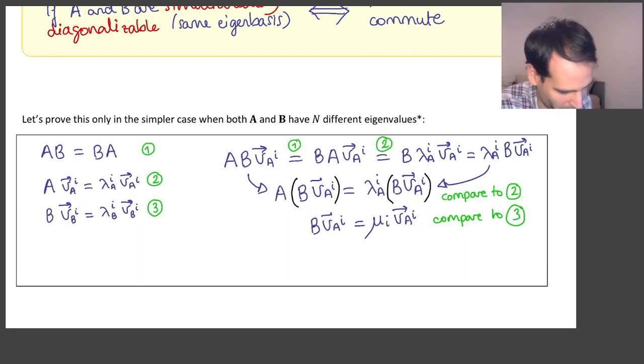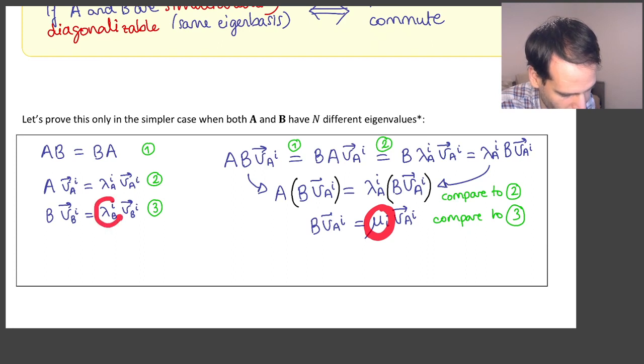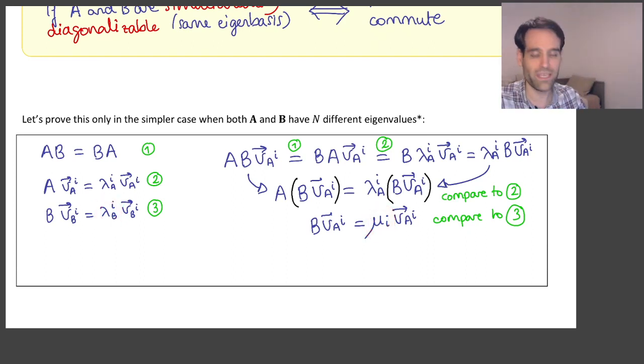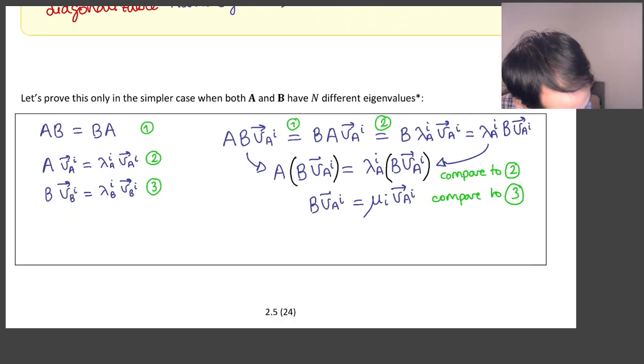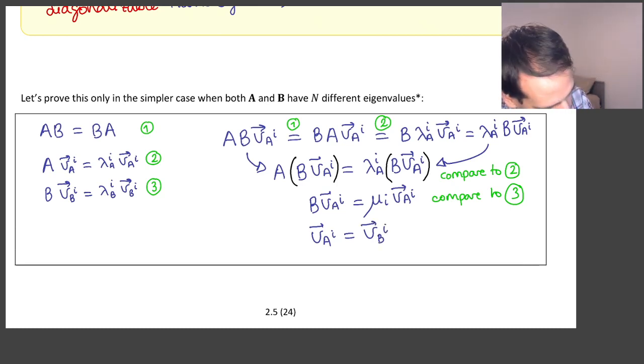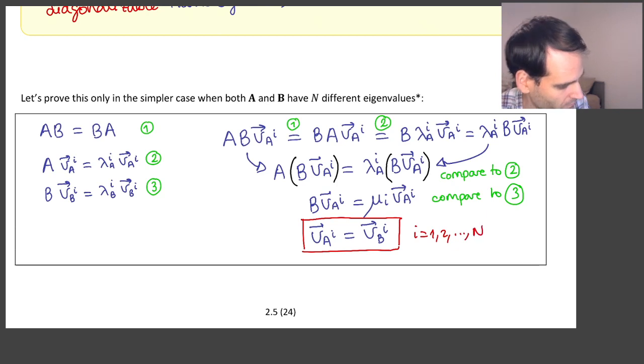So comparing it to 3, you realize that this scalar coefficient will simply be the eigenvalue of B, but this vector here will necessarily be the eigenvector of B. And therefore, you can say that V_Ai must be equal to V_Bi. So the ith eigenvector of A is equal to the ith eigenvector of B. And this is true for i equals 1, 2, up to n.